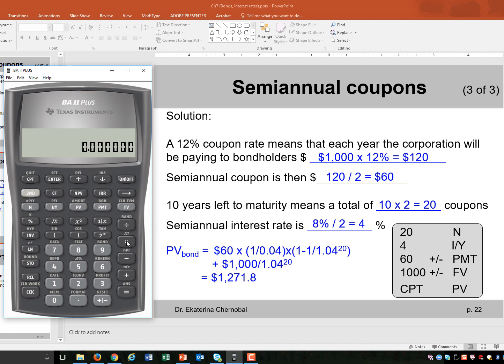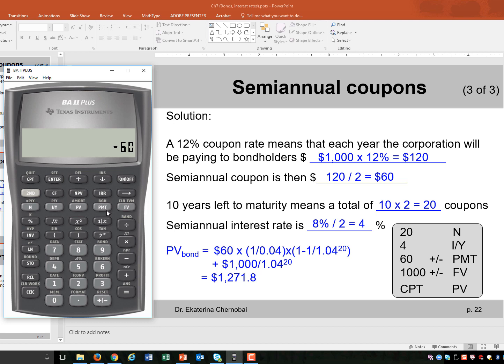So let's start with the face value. 1,000, we are making it negative, right? Press the plus minus button and save it as FV. The same sign should be used for the coupon payment. What is our coupon payment? Every half a year, it's $60. So you put 60, you change the sign to negative by pressing the plus minus key, and then you save it as your PMT.